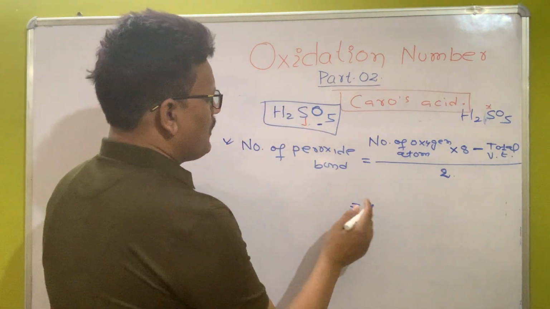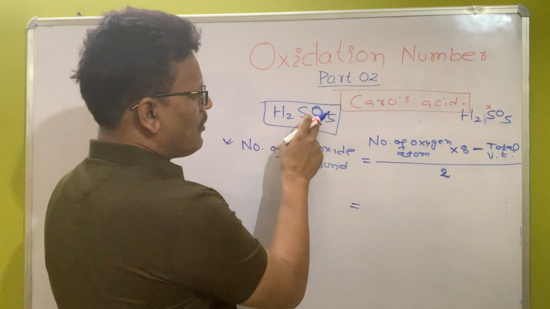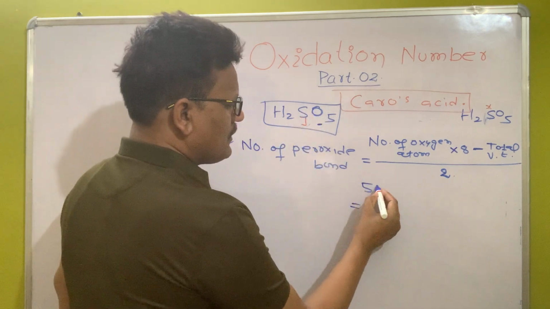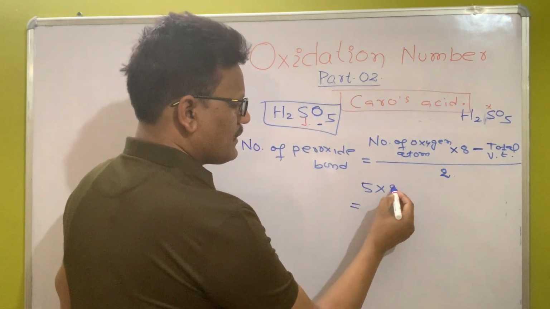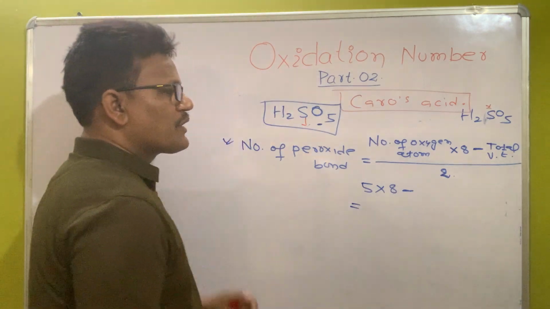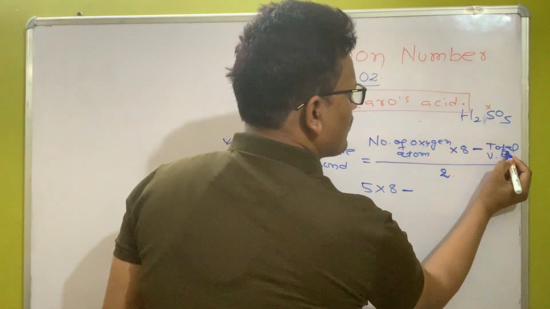So we have 5 oxygen atom, 5 multiplied by 8 minus total number of valence electron.